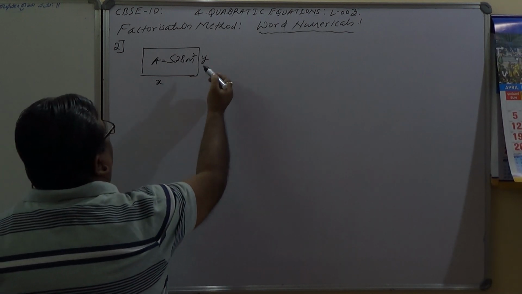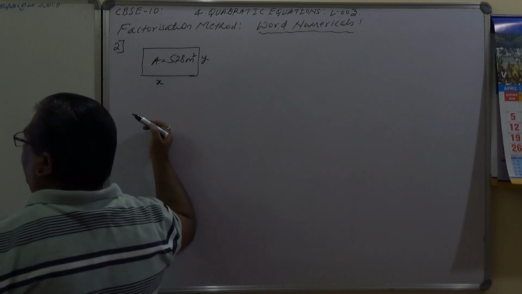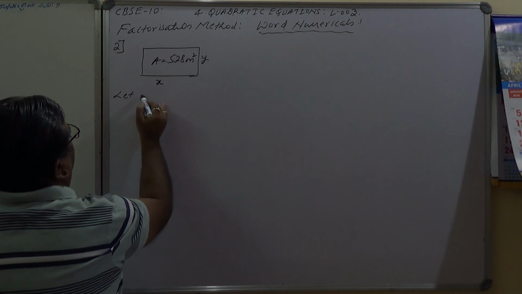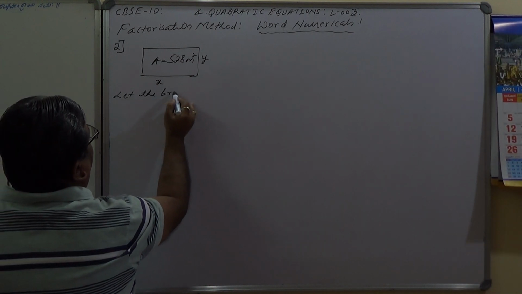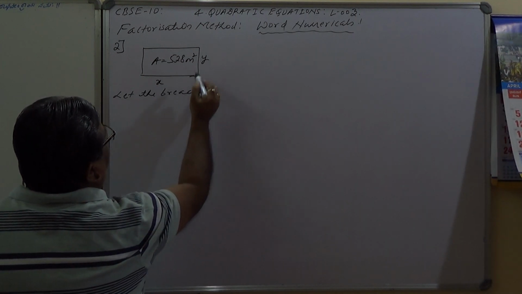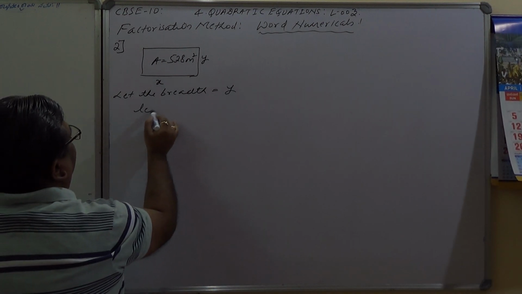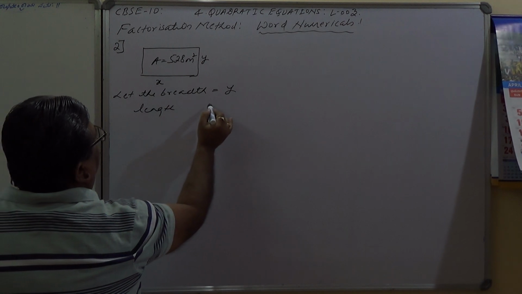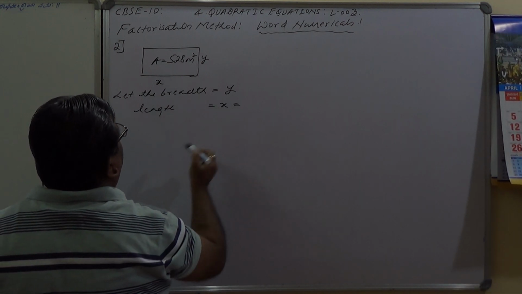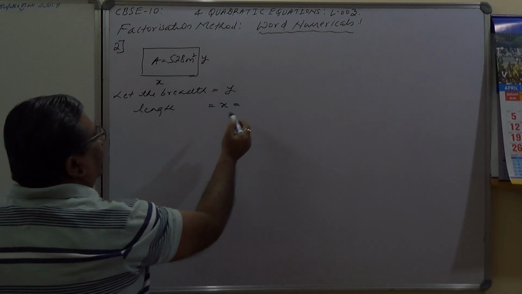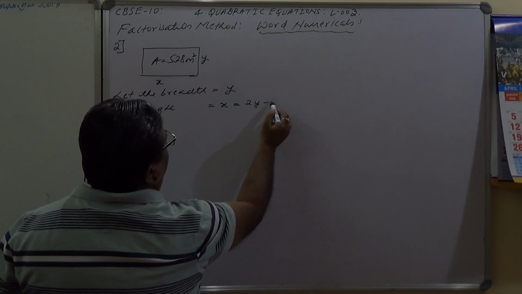So, what is given here? Let the breadth of the rectangular plot equal y, and the length x. He says the length of the plot is 1 more than twice its breadth, so 2y plus 1.